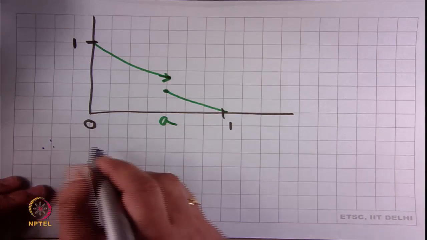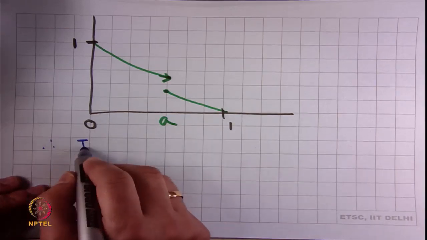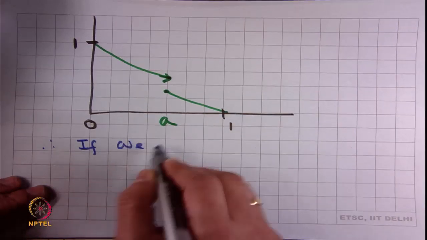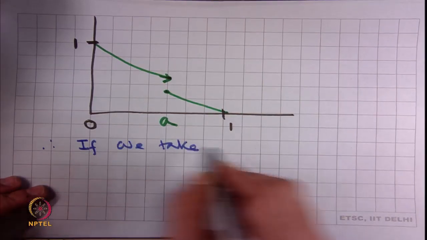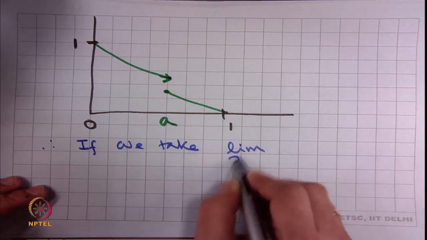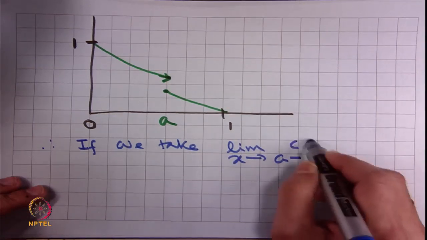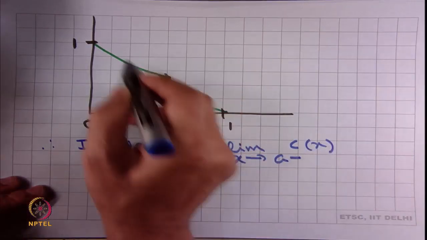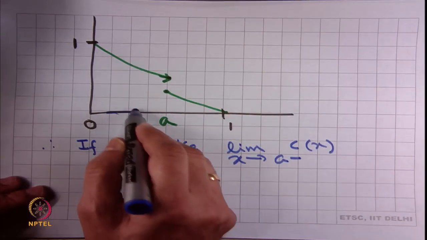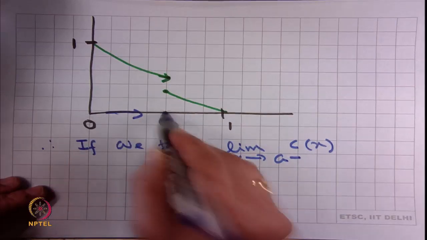Therefore, if we take limit x goes to A minus of C of x, that means we are moving towards A from the left side.